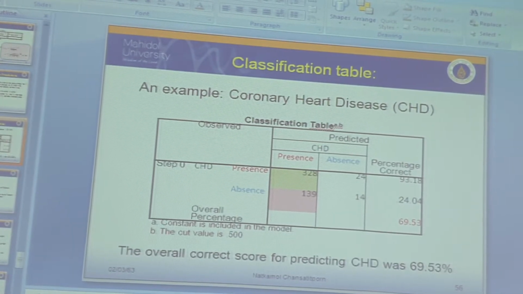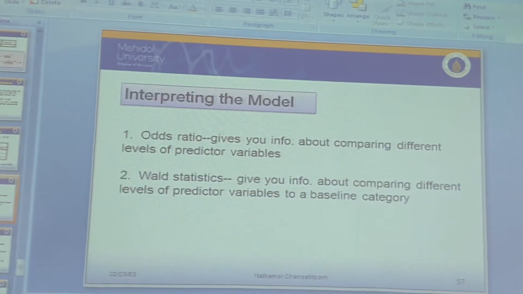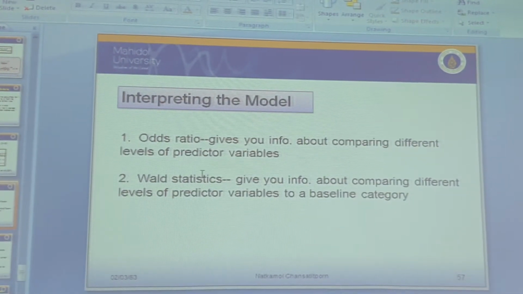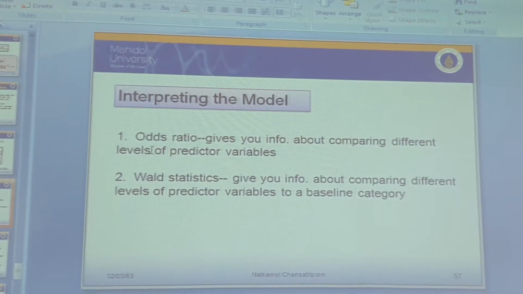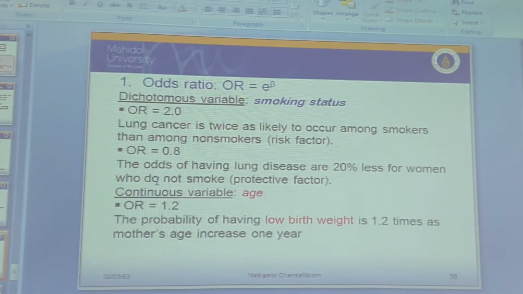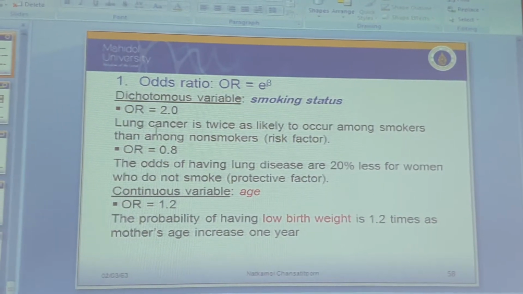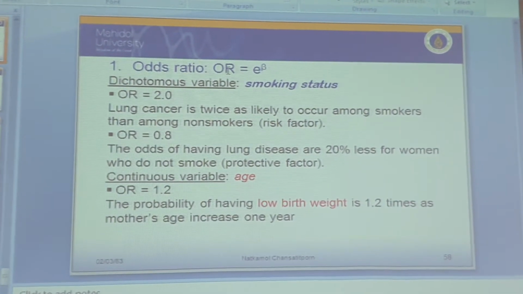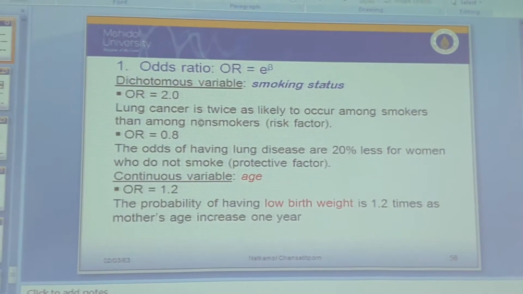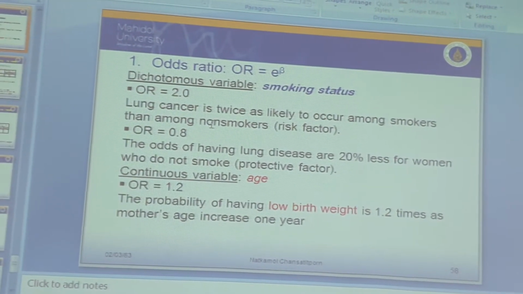The next one: after we got our model, we have to interpret our model. How can we interpret? We can interpret in terms of odds ratio and Wald statistics. If we interpret in terms of the odds ratio, I give you another example.